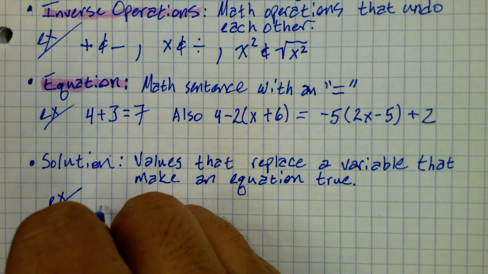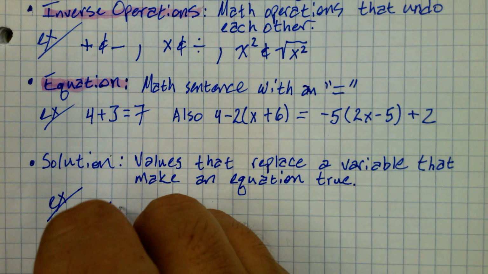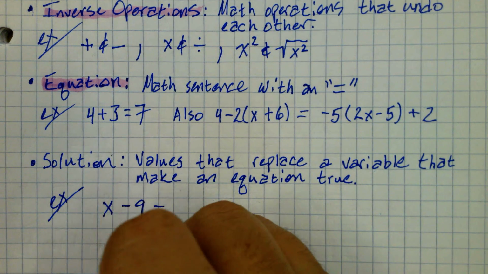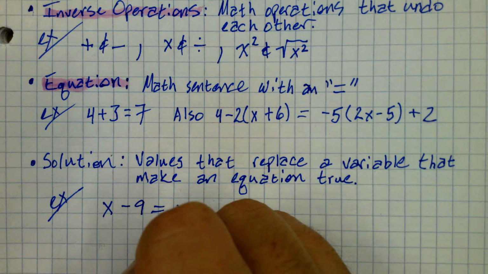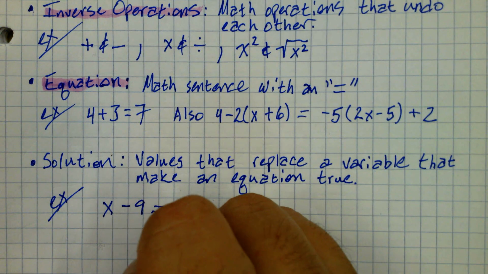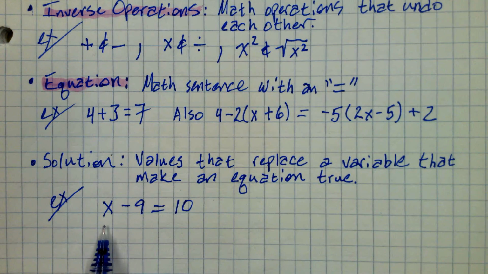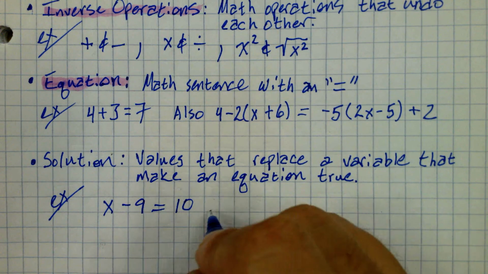So let's say I have x take away 9 equals, let's say 10. I want to think of a number that when I take away 9 from it, gives me an answer of 10. 19.